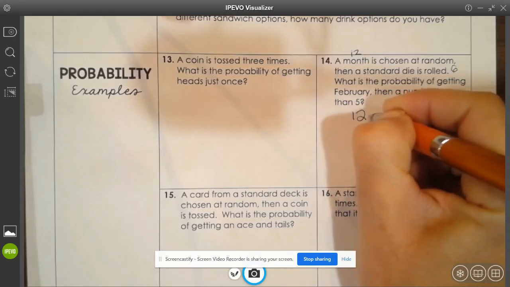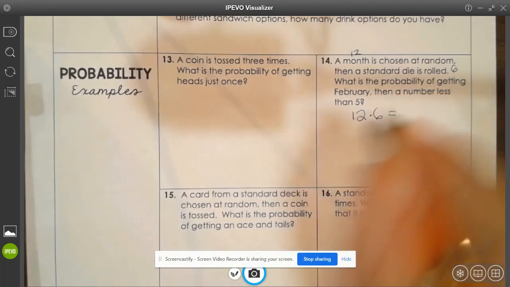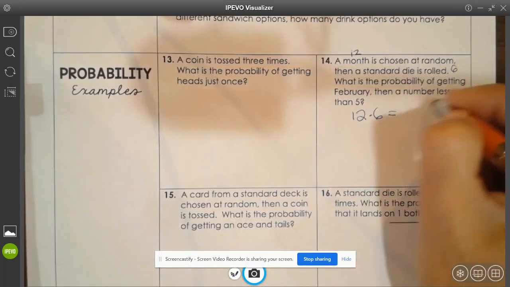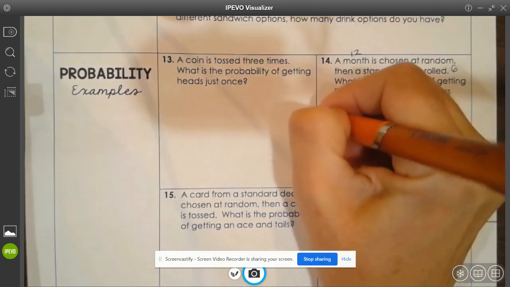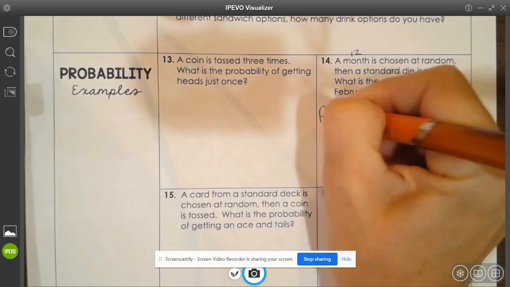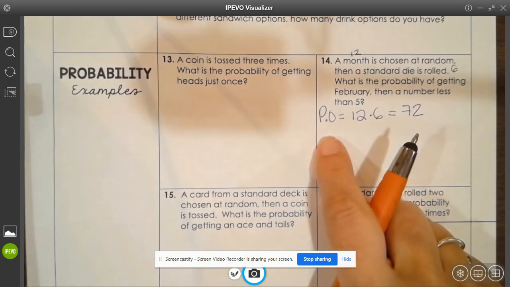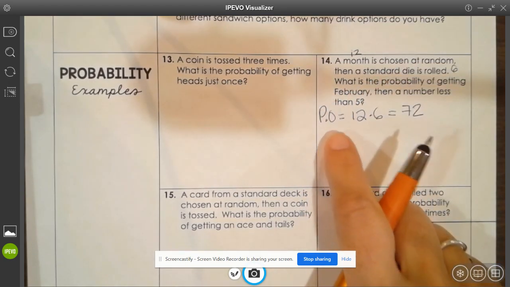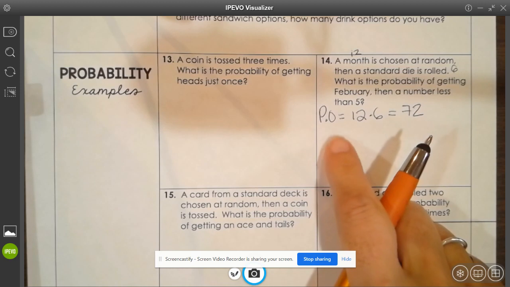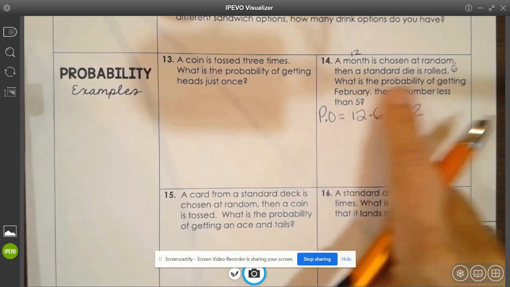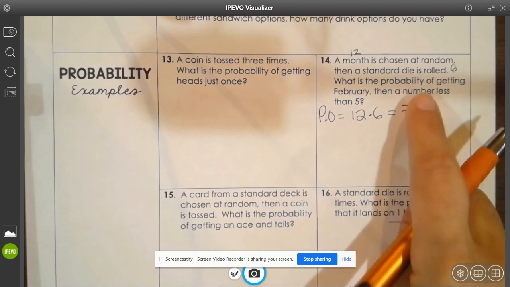So that's 12 times 6, which is 72. So that is the possible outcomes. Now, what is the favorable outcome?